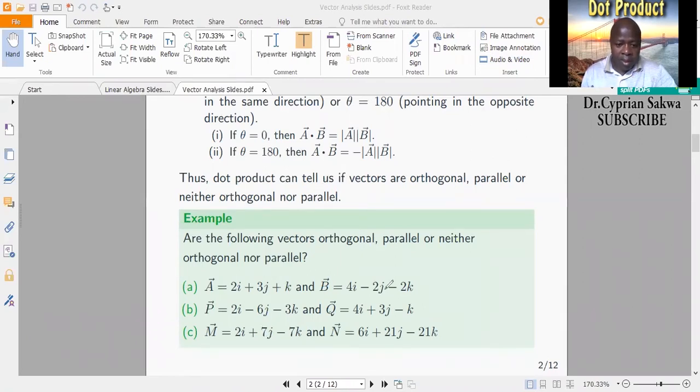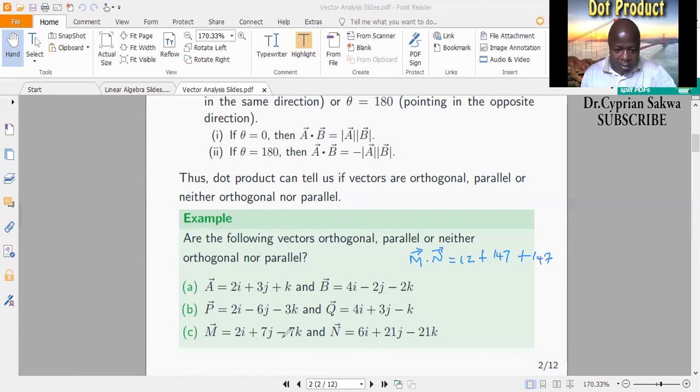So let's begin with the m dot n, and this is 2 times that, which is 12, 7 times that, which is 147, and then negative 7 times that, which is positive 147.